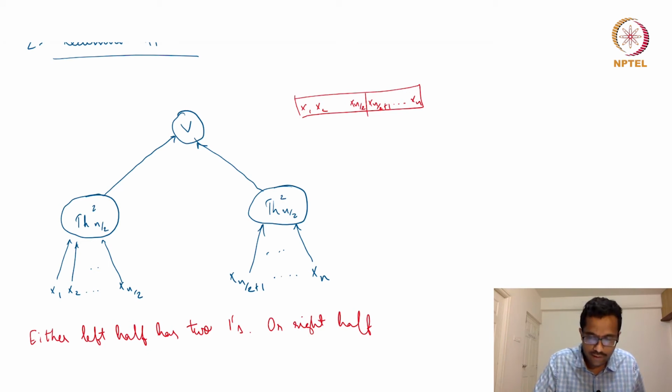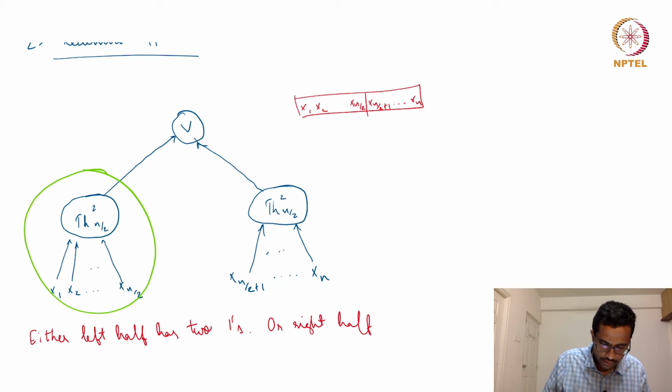So if the first half has ones, we could use a recursive formula. That's what we are trying to implement here. In the left half, we are using the same circuit, a smaller instance of the same circuit. We are using a threshold realization which takes n by 2 bits.